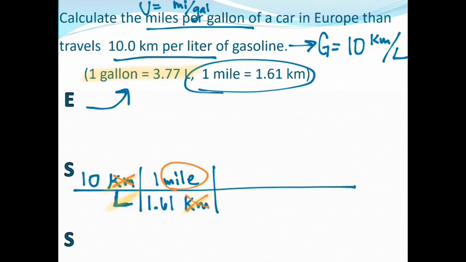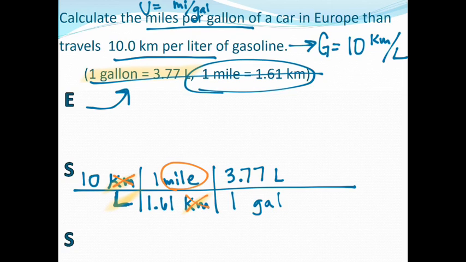And this is where things are a little bit weird, again, because to cancel out these liters that are on the bottom, I'm going to have to put my liters on the top of this next bracket, on top of this conversion factor. So that 3.77 liters is going on top, and 1 gallon is going on bottom.